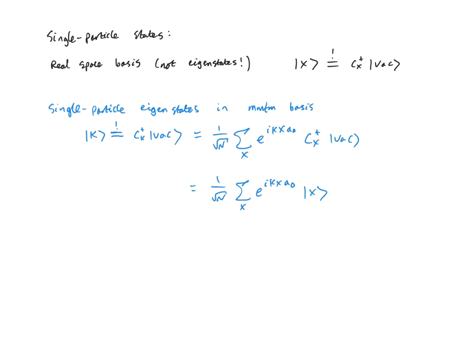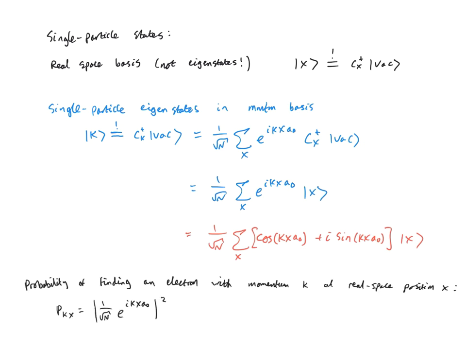If I like, I can write this in a slightly more convenient fashion, in terms of cos of k x a_0 plus i sine of k x a_0. And you see that therefore there are these oscillating patterns, if you like, of these real space basis orbitals x.